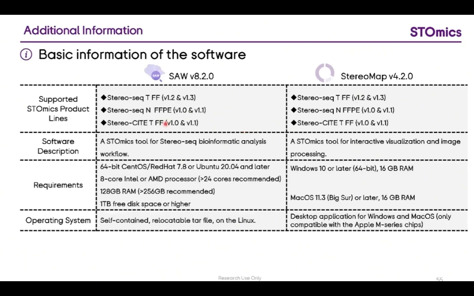the product line Stereo-CITE version 1.1. SAW is a Stereo-seq tool for the Stereo-CITE bioinformatic analysis workflow, while StereoMap version 4.2 is a tool for visualization and image processing.